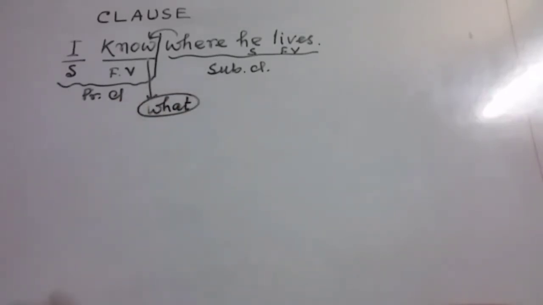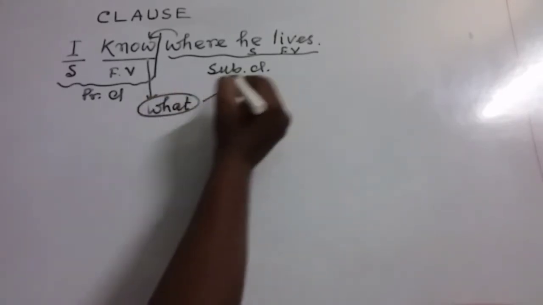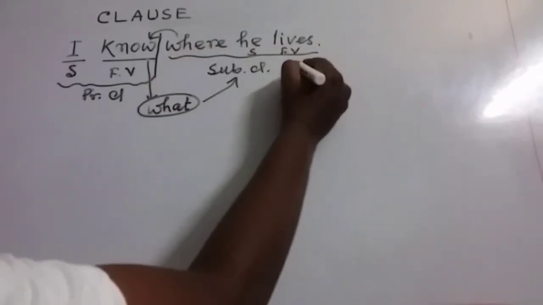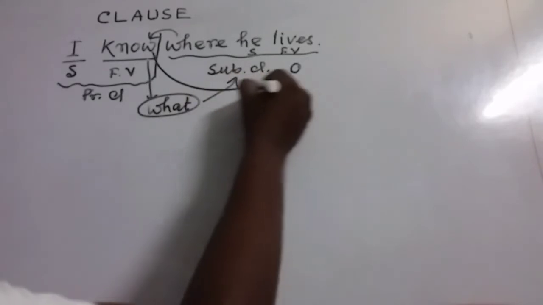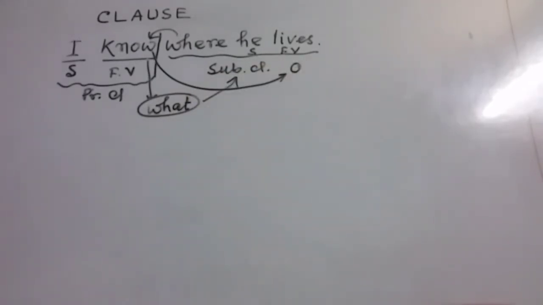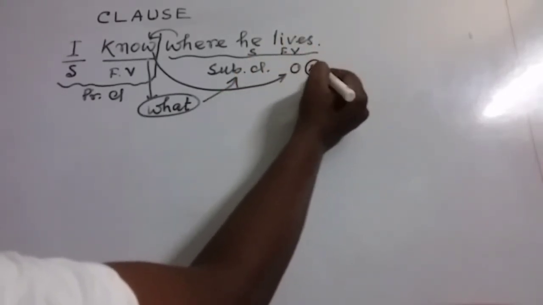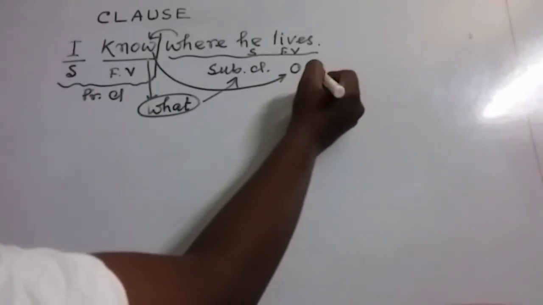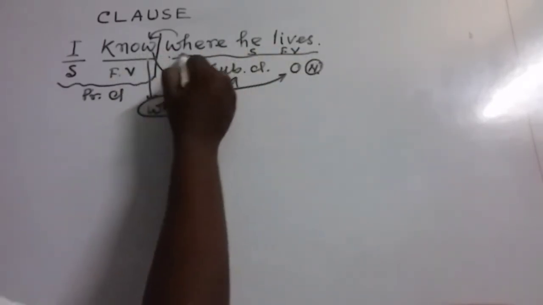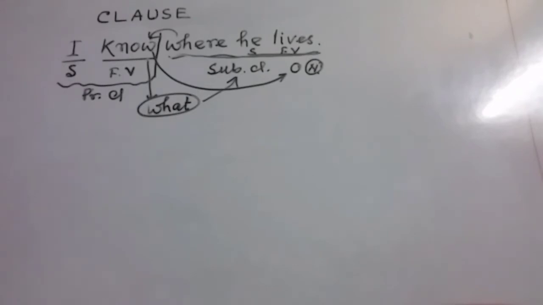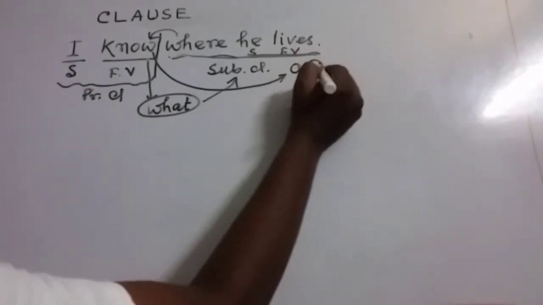The answer is this part, where he lives. So this entire part is the object of this finite verb. Entirely used as an object, it is obviously a noun. As it is a clause, it is a noun clause. So this group of words, where he lives, here it is a noun clause.